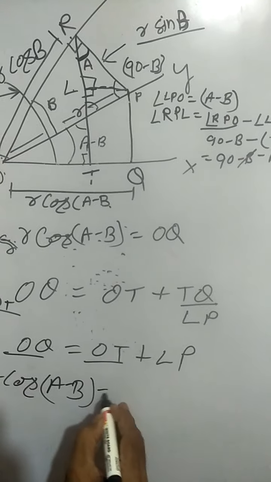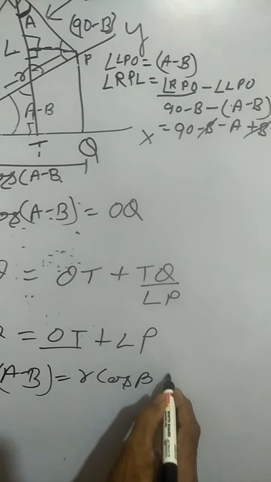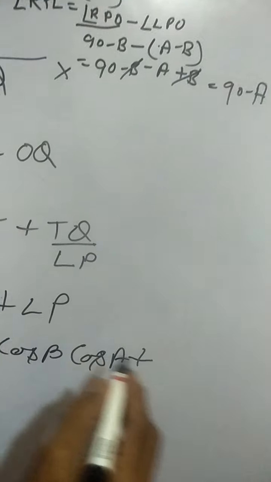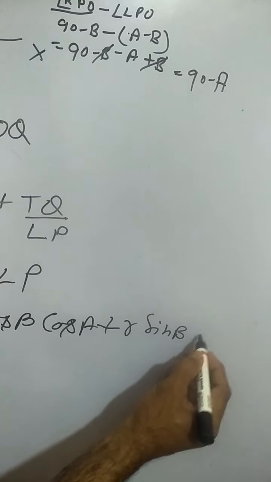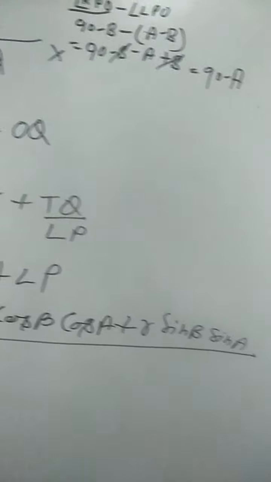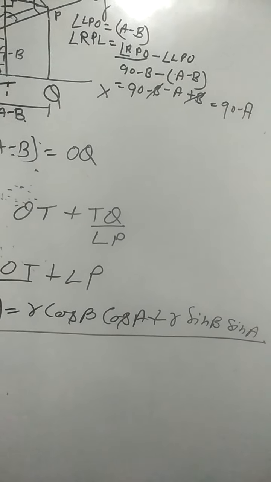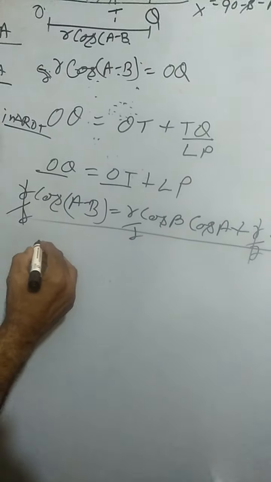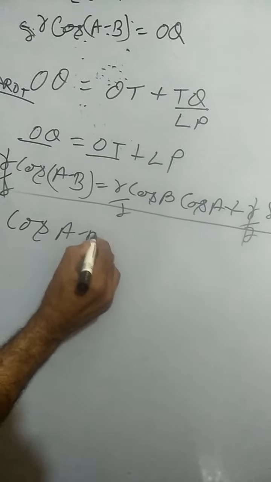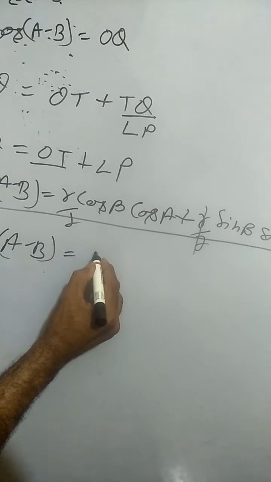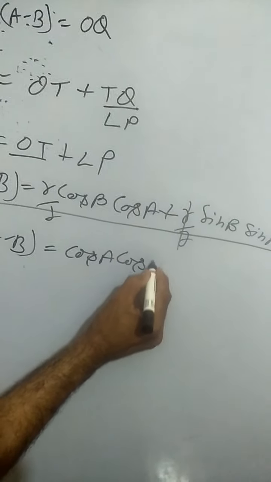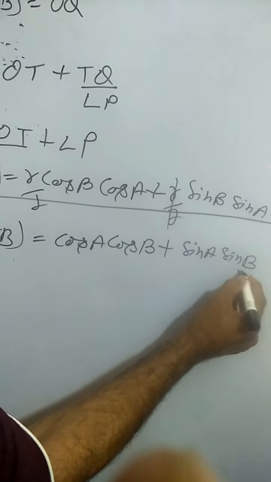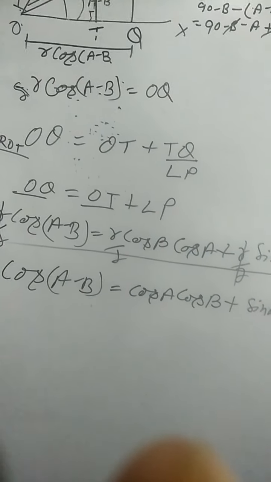OT is equal to R cos B cos A, plus LP is equal to R sin B sin A. Dividing both sides by R, the result is cos(A minus B) is equal to cos A cos B plus sin A sin B. This is final. This result became final.